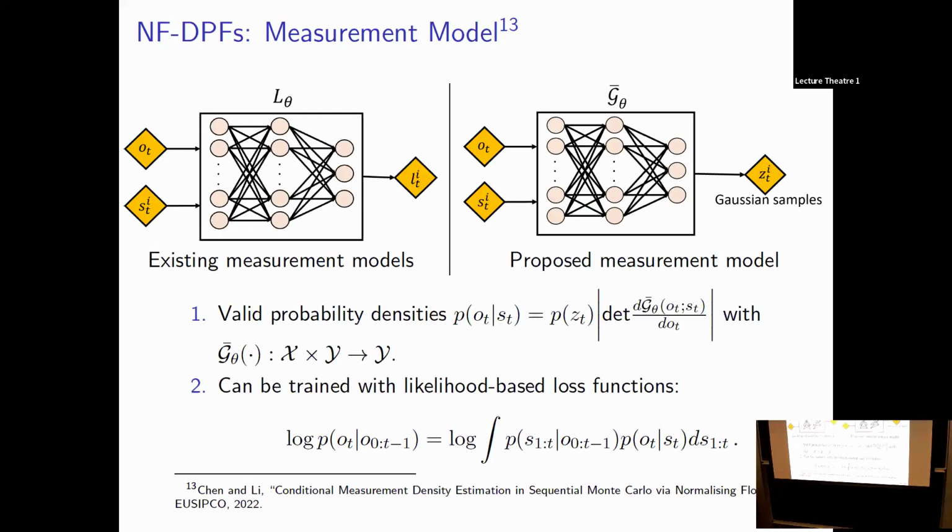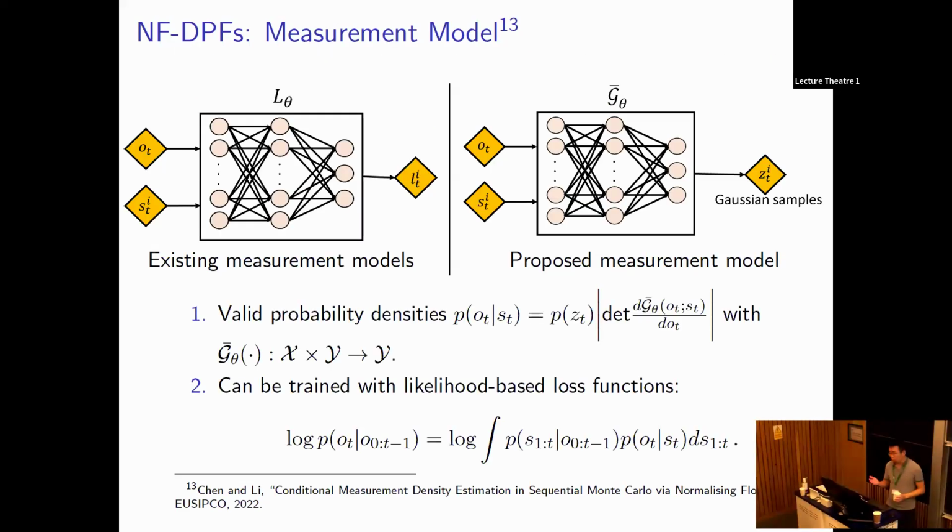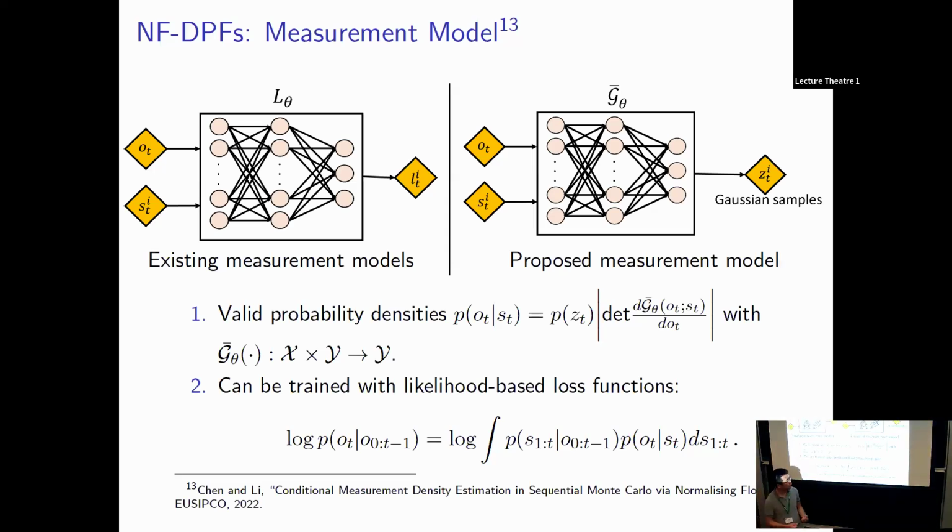And the benefit of doing that, once we have a valid probability density constructed here, is that it really increases the type of optimization objective we can use, because now we can use a likelihood-based loss function as our target objective function. Because, for example, a likelihood-based function needs to be able to compute this P of OT given ST, and now this can be directly computed as we show there.